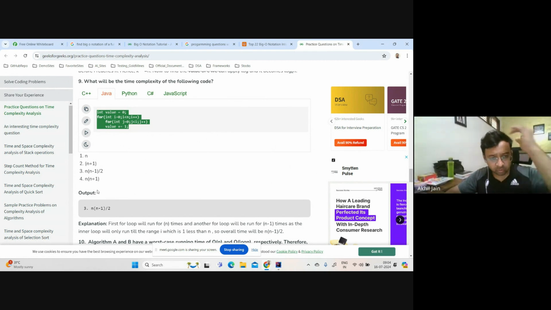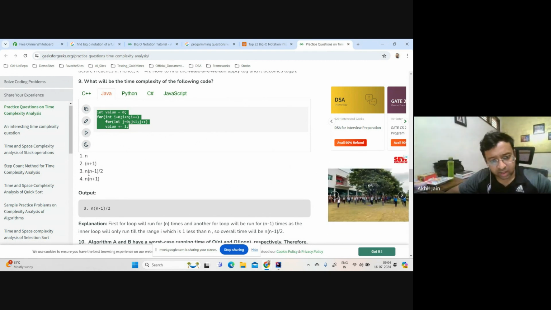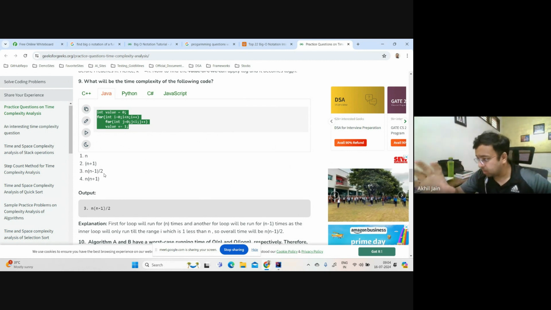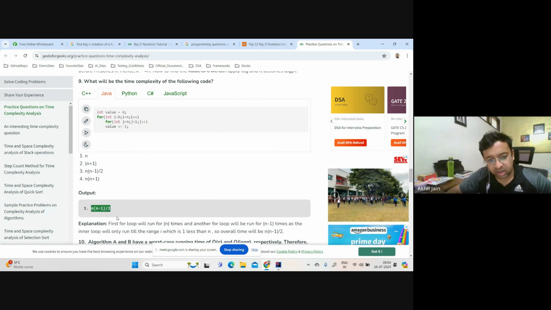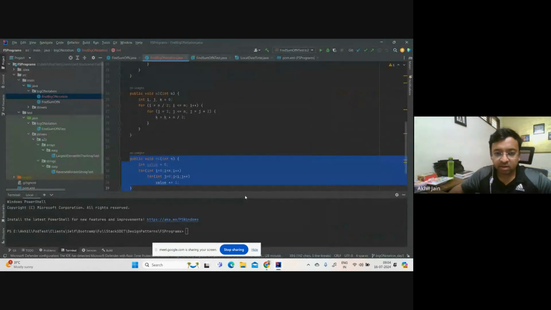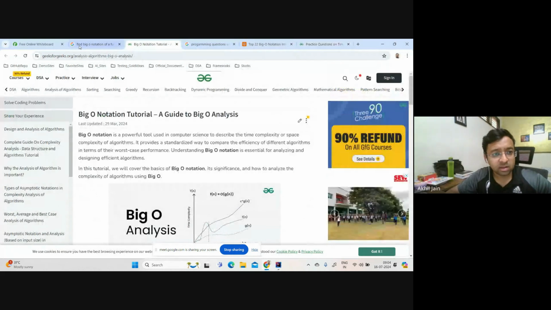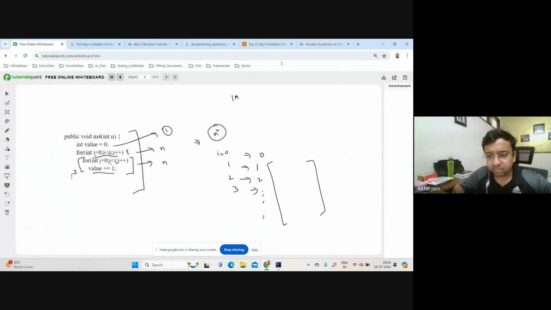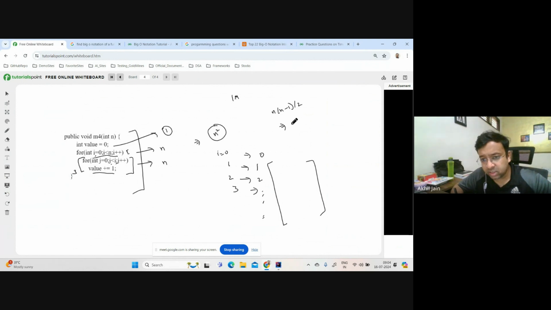Now, if you see, they have given the output as n into (n minus 1) by 2. Now, again, we are not trying to be experts on math, so let's just take their case. Let's write it: n into (n minus 1) by 2. You are multiplying this, so let's start multiplying. n square minus n, and they are dividing by 2.